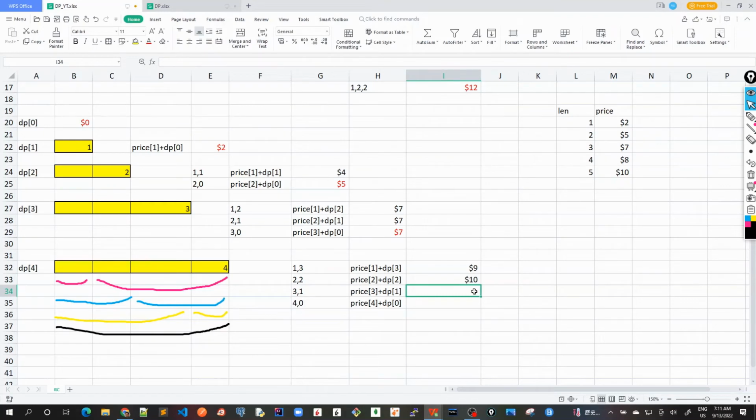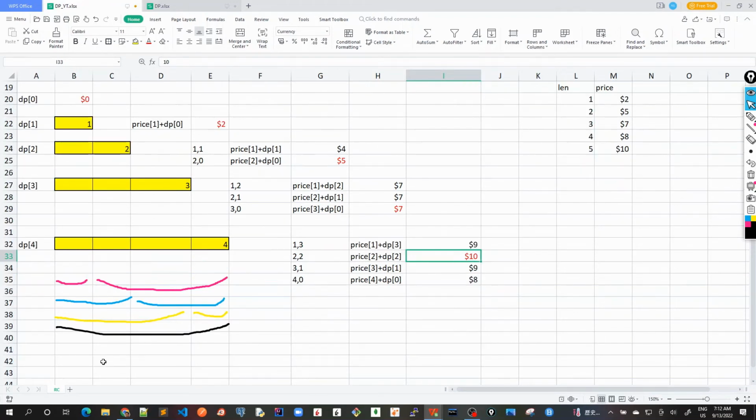Price 3 is $7 and dp1 is 2, that is $9. And price of 4 itself is $8. So we found that the rod of length 4 would have the maximum profit of $10 if we cut it into 2 and 2.